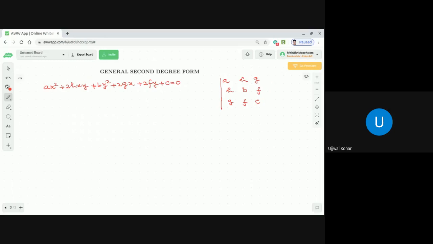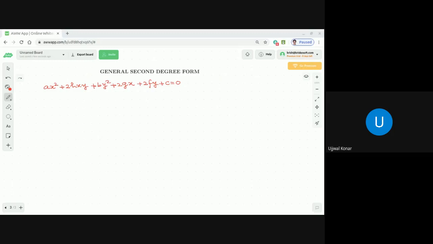Now, what we are going to discuss is the condition that this general equation of second degree represents a circle.